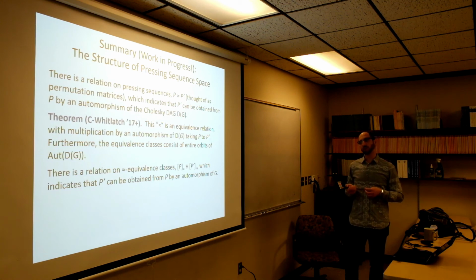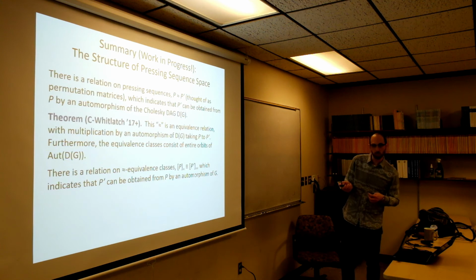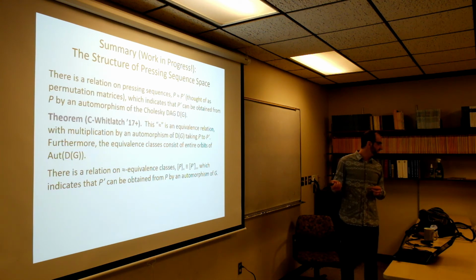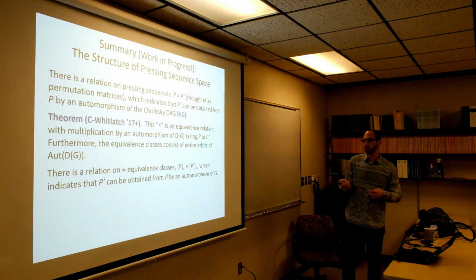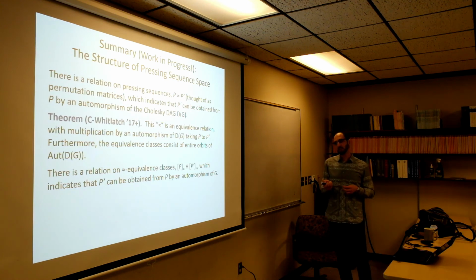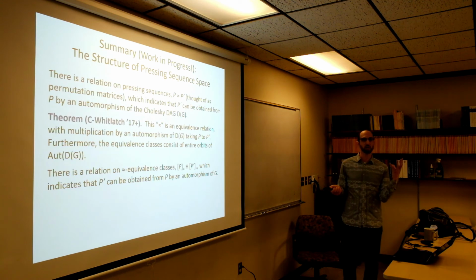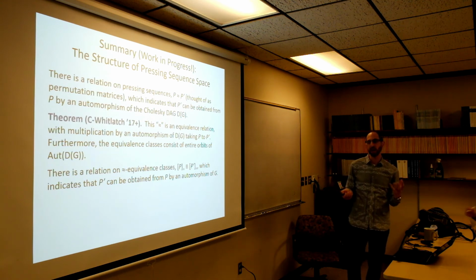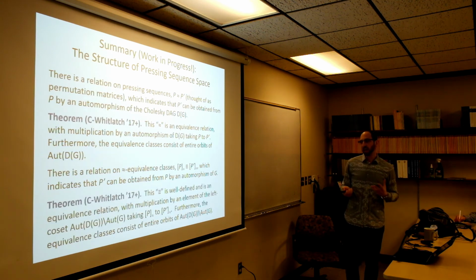Now, there's an equivalence relation on those equivalence classes. So we have these squiggle equivalence relations, and then there's an equivalence relation which says that P prime can be obtained from P by an automorphism of the graph, because remember, the graph may have more automorphisms than the underlying DAG. This is well defined.